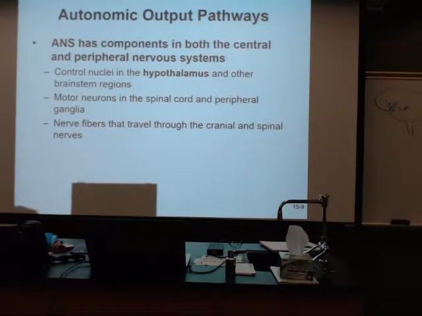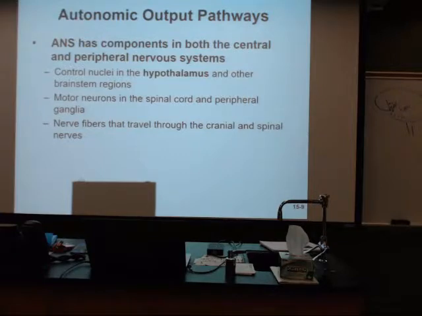Let's think about information that was just given to us. It's telling me that in the hypothalamus and in areas of my brain stem, I have control. The ANS is motor function. So information would need to travel down.